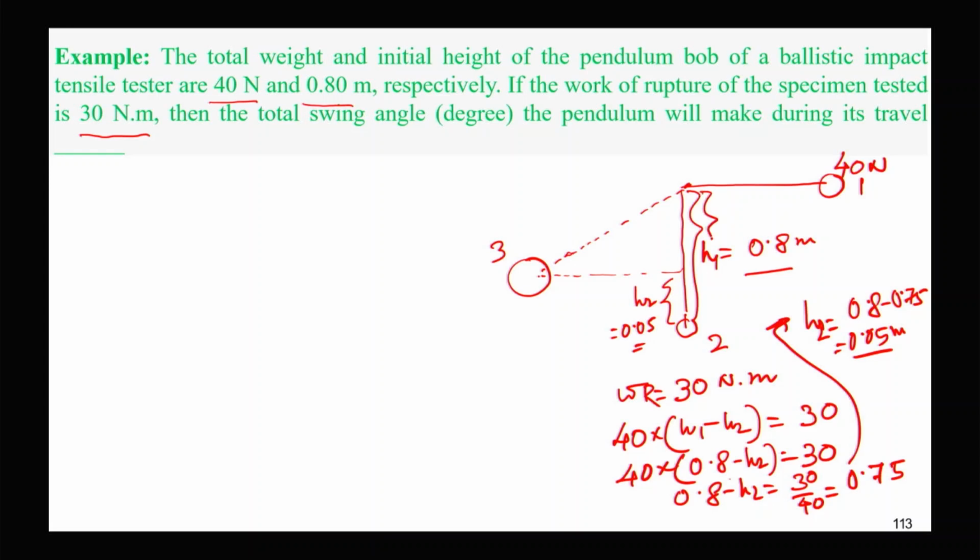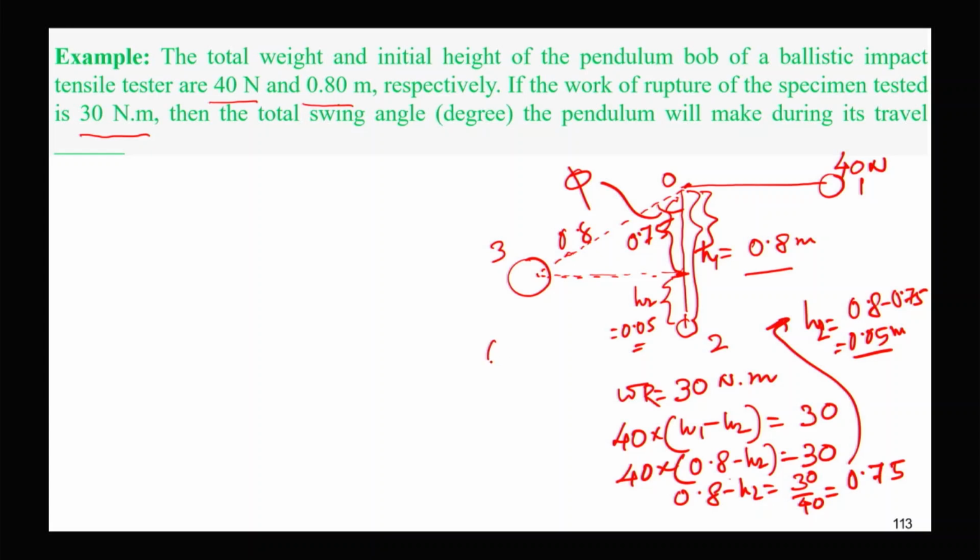And that means this height from point O, the original pivot point, to here will be 0.75, and the swinging beyond the vertical position you can term as phi, and the length of the pendulum is 0.8.